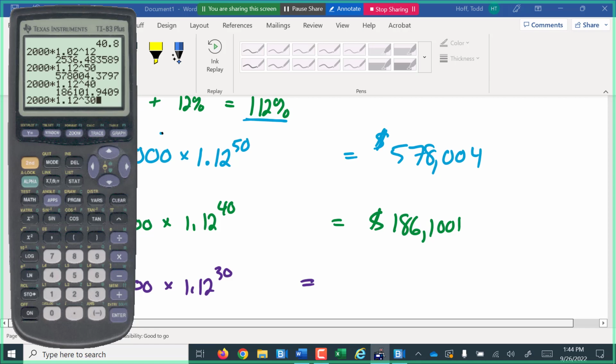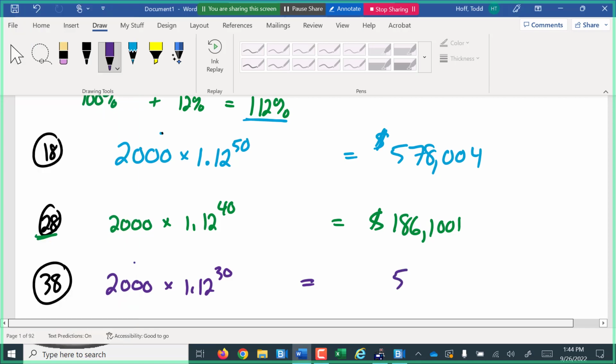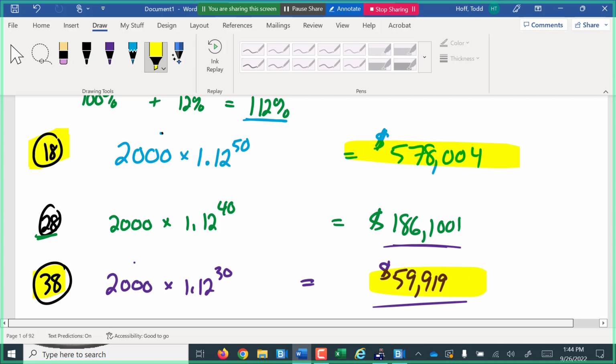So the power of 30, we're getting about 59,919. Again, slightly less than a third of what you would have had 10 years earlier. So by waiting from 18 to 38, you get about a tenth of the return on what you invest.